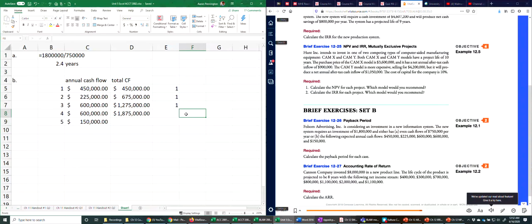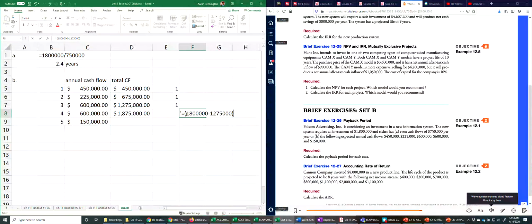Okay, so we know the payback period is more than 3 years, less than 4 years. If we say 4 years, that's the wrong answer. If we say 3 years, that's the wrong answer. So we need to figure out the fraction of the year. So what we're going to do is take the investment, 1.8 million, less the cash flow paid back or earned at the end of year 3.